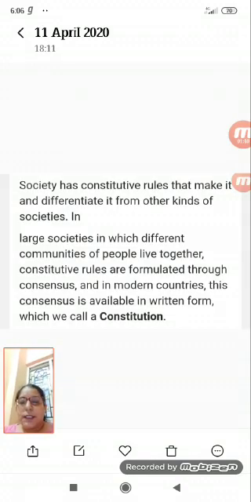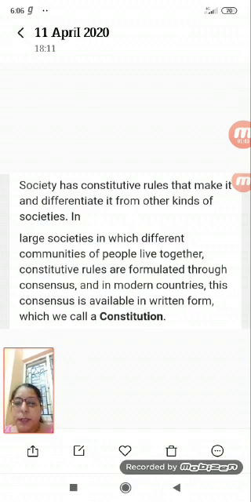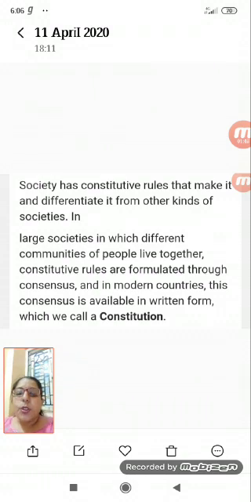In large societies, for example in India, where different communities of people live together, to make them live in peace and harmony, certain rules have to be made about how the people are going to live in the country, how they are going to live peacefully and maintain unity in diversity in such a large country.